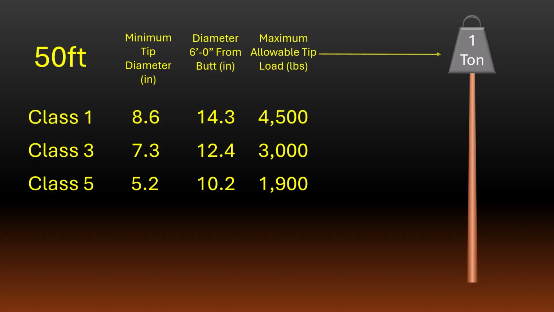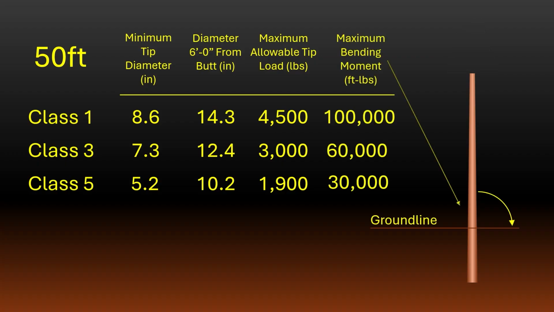This is the weight that can be supported by the pole if it was placed on top of the tip of the pole. This is the value with which the vertical loading will be compared to and evaluated. The standards will also specify the maximum allowable bending moment measured at the ground line. This is the value with which the horizontal loads will be evaluated.